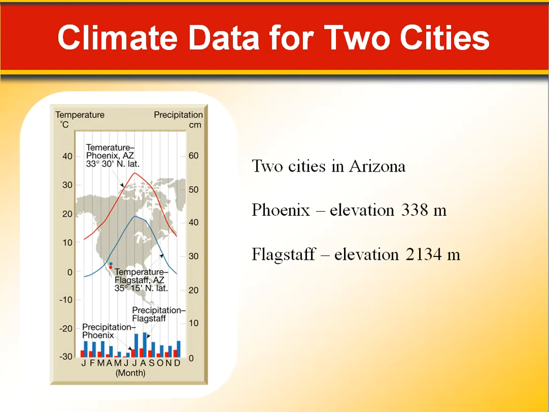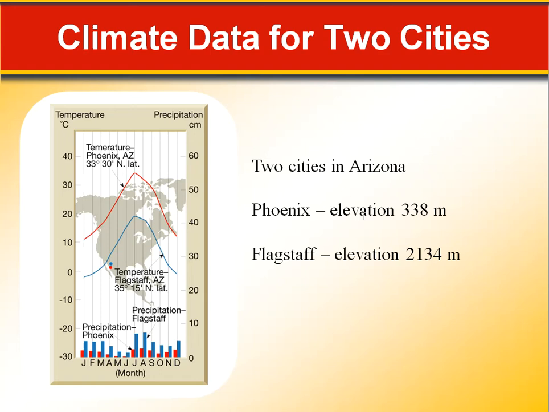Just by way of an example, here are 2 cities. We've got 2 cities that are Phoenix and Flagstaff in Arizona. Here's a temperature versus precipitation chart for each of the months of the year, and you can see that in red is Phoenix, which is much warmer.